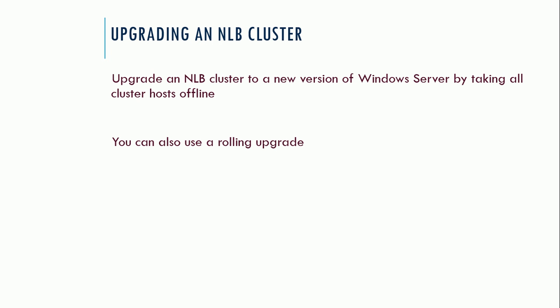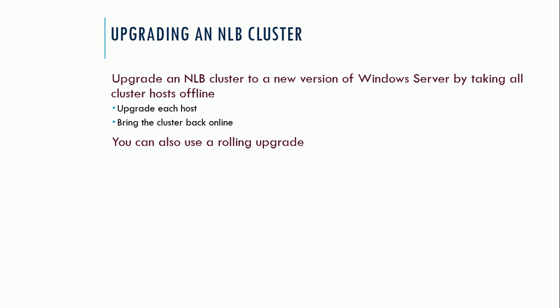If you need to upgrade your cluster, for example the operating system, you have to upgrade each host one at a time and then bring the cluster back online. You could take the entire cluster offline, upgrade all of the servers one at a time, and then bring the entire cluster back up. Here's the problem with network load balancing with Windows: you can't have different operating systems running within the cluster.